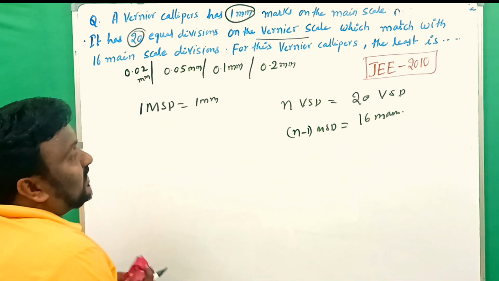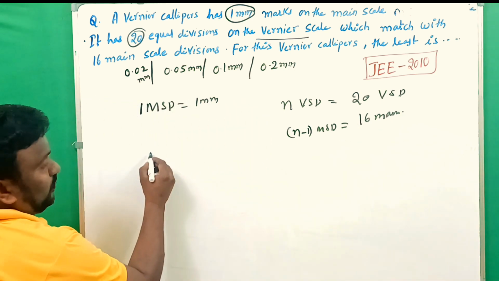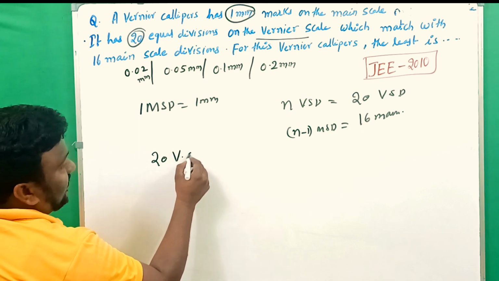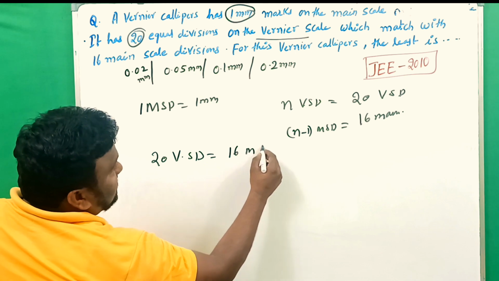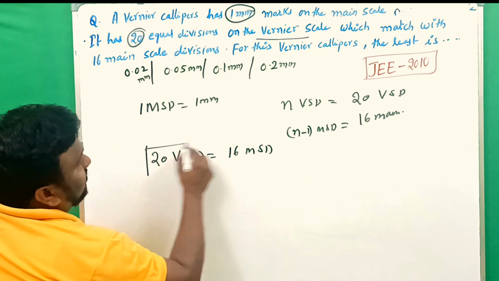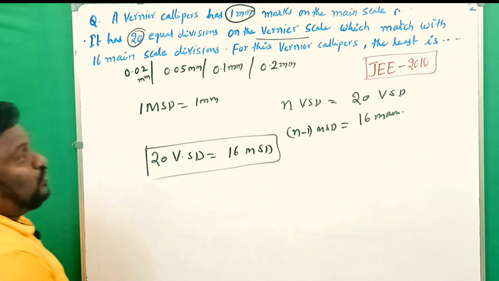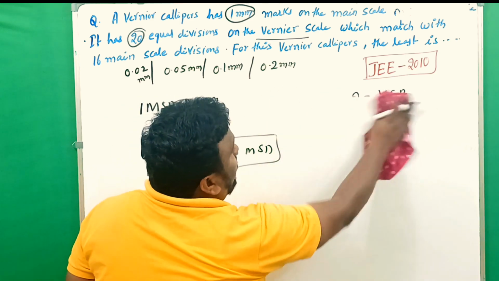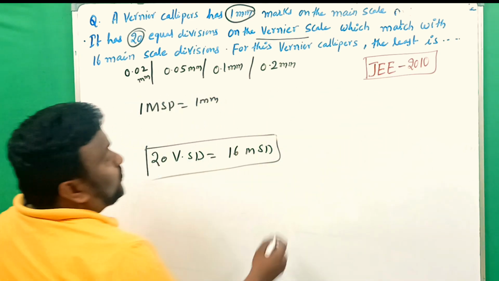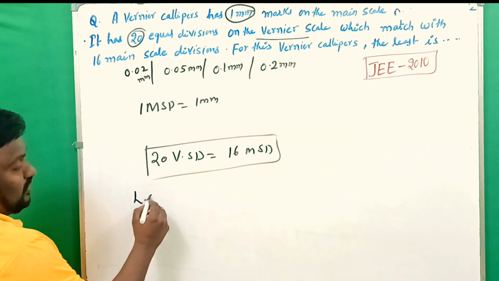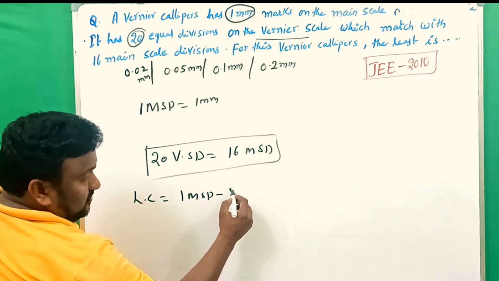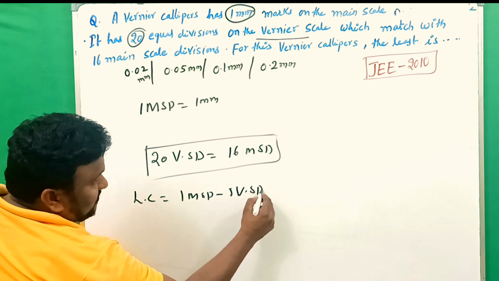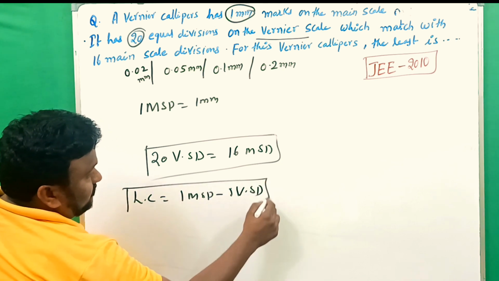So directly you can write the formula here. 20 vernier scale divisions coincide with the 16 main scale divisions. That is the given in the problem. Now we have to find out the least count. Least count formula is 1 main scale division minus 1 vernier scale division. This is the formula we are going to use.